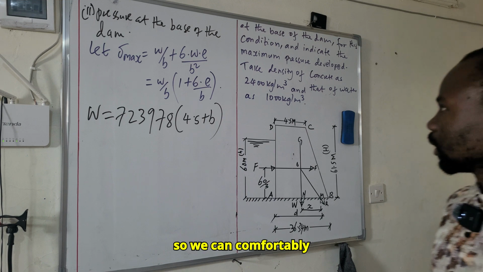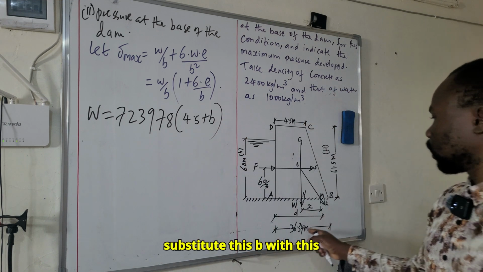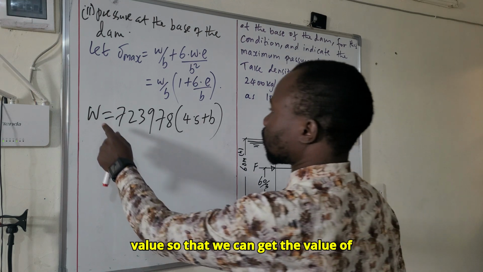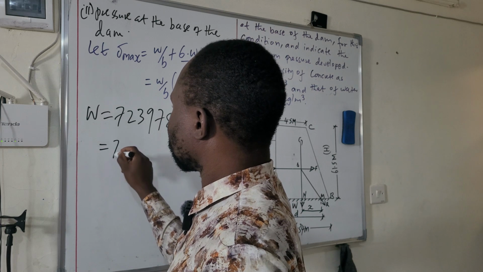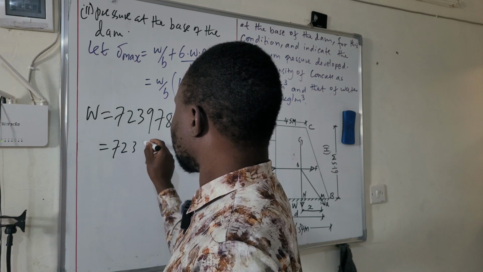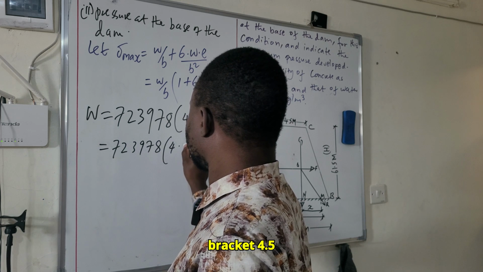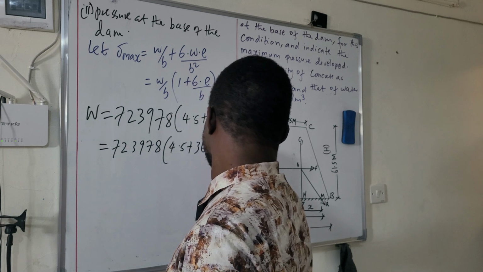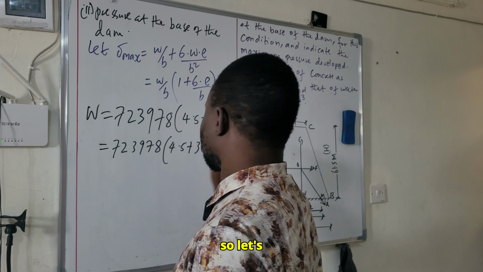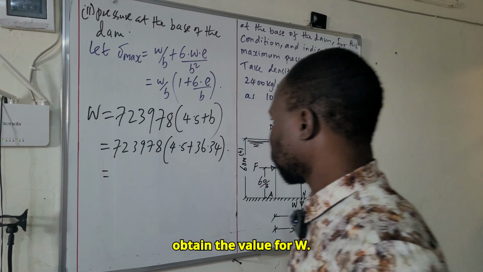So we can comfortably substitute this B with this value so that we can get the value of W. So this is equal to 72 39 78 into bracket 4.5 plus 36.34. So let's obtain the value for W.